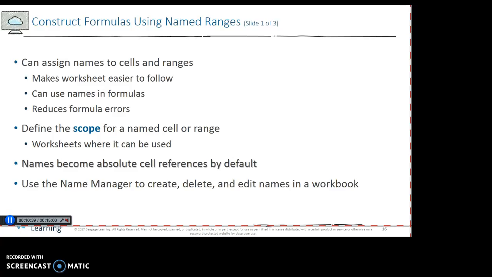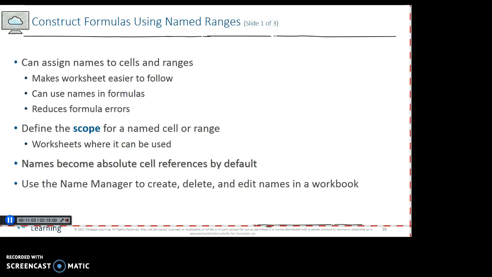It's the name for a cell or a range of cells, and the worksheets where it can be used. When you use names, they become absolute cell references by default, just so you know that. And it actually works pretty well when you do use names.